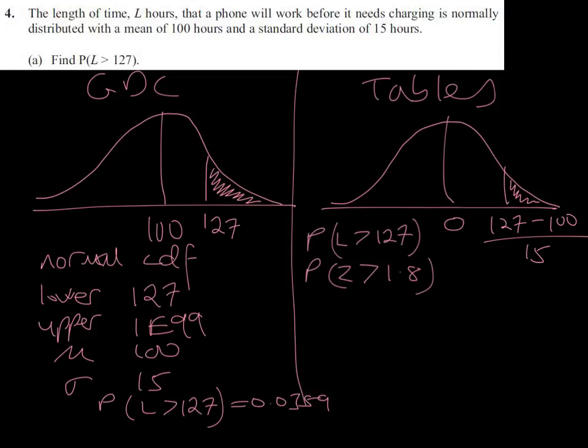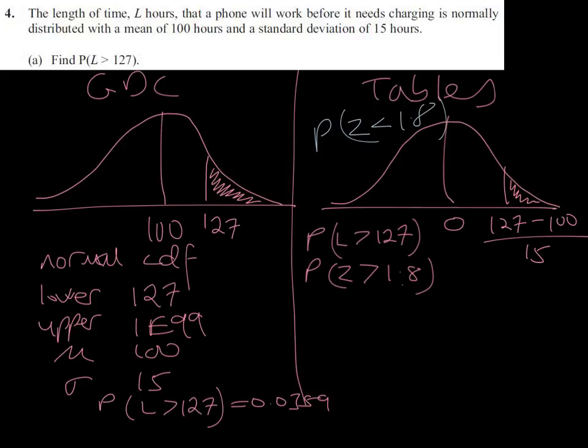So using this method, we would effectively be finding the probability that Z is greater than 1.8, but the tables give us the values less than the particular value here. So in the tables, let's just do it in a different color, we would be given the probability that Z is less than 1.8.